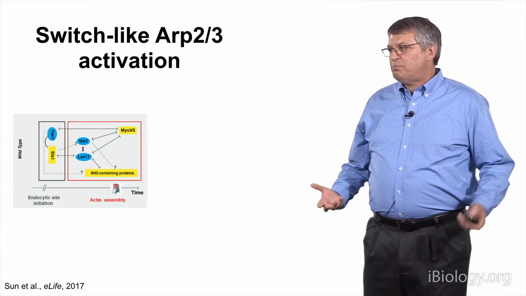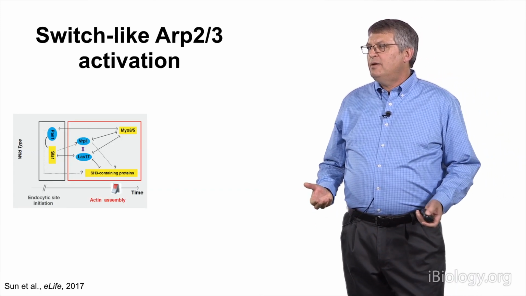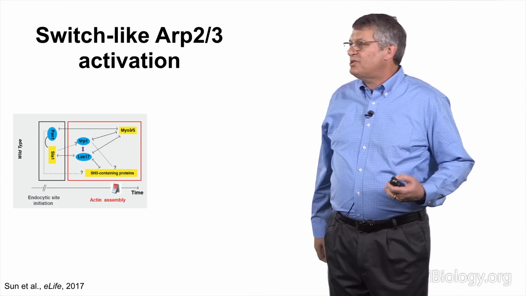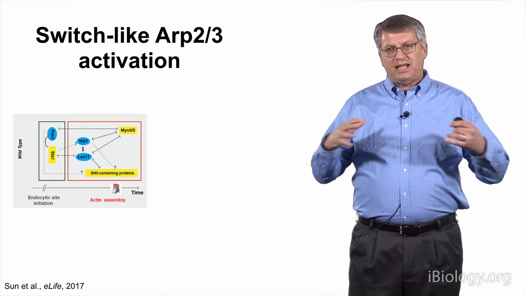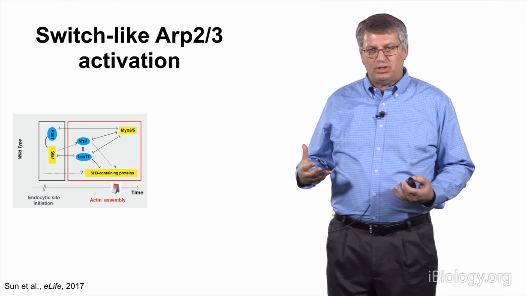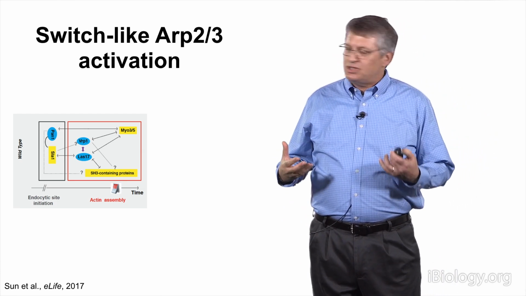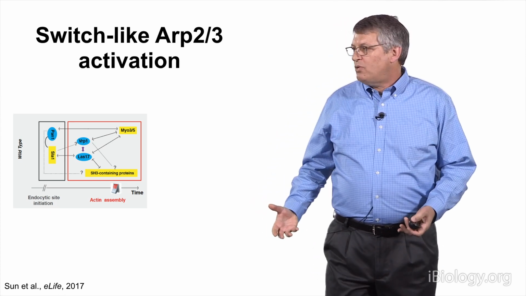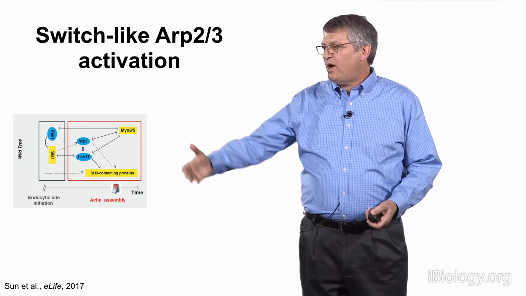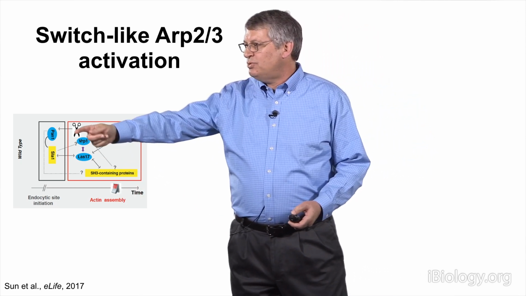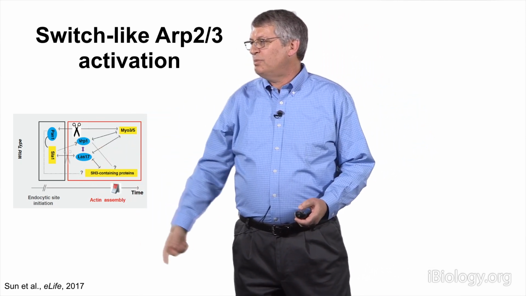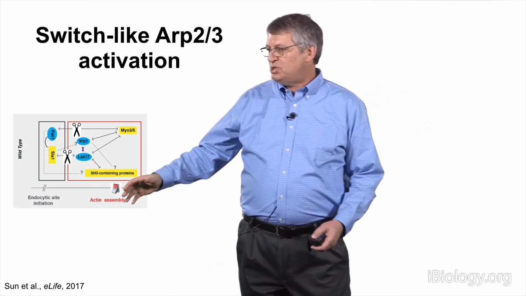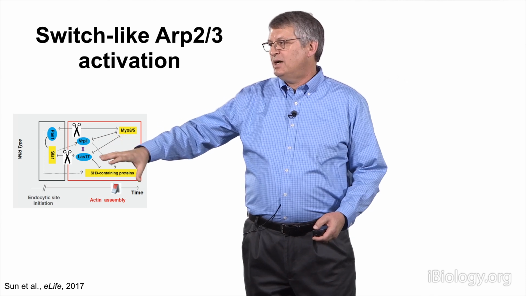So, trying to explore this network, Edie Sun, a specialist in the lab who has been involved in many of the studies I've talked about today, decided to dissect this network of SH3 proline-rich motif interactions. She looked through it and used literature and evidence from her own studies and was able to find 2 sites that she could perturb in this very complex network that would dissociate the endocytic machinery from the actin assembly machinery.